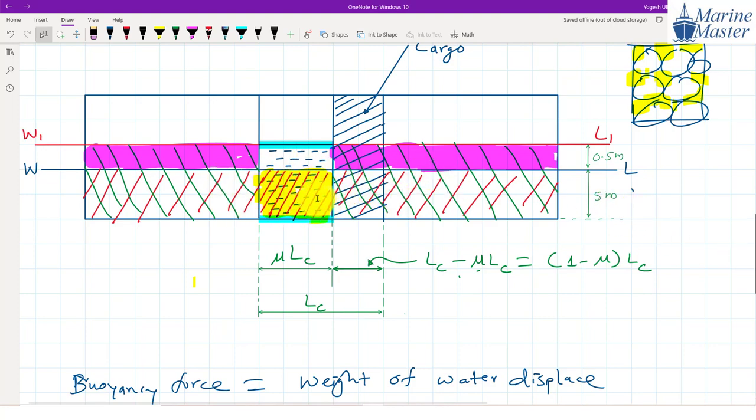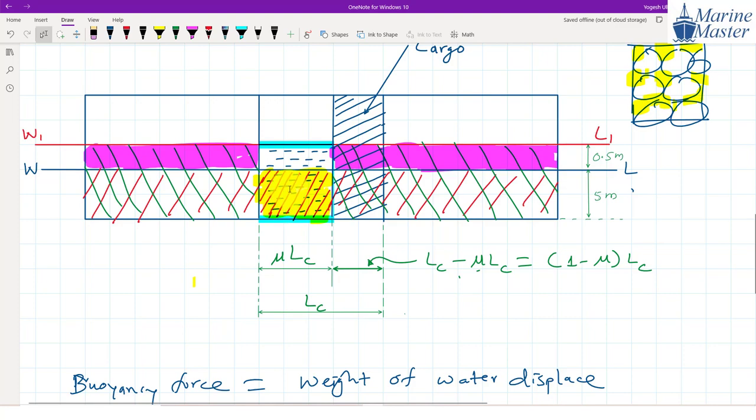What are we going to assume? See here, we are assuming that the portion that is entering, this water will become part of the river. So this portion that I have highlighted in pink, and yellow, now this portion is losing the buoyancy. Now this portion is not contributing anything to the buoyancy. But now, which portion is extra?